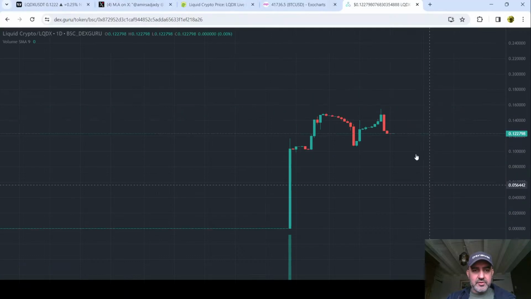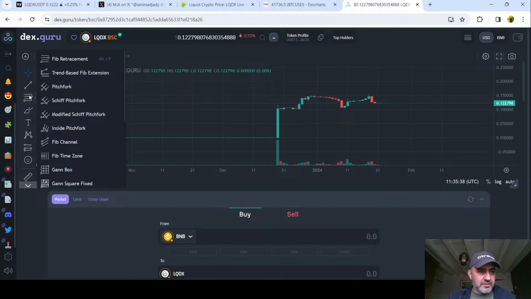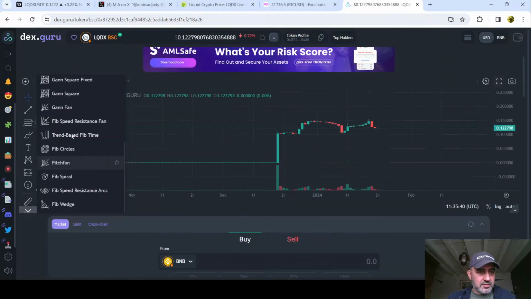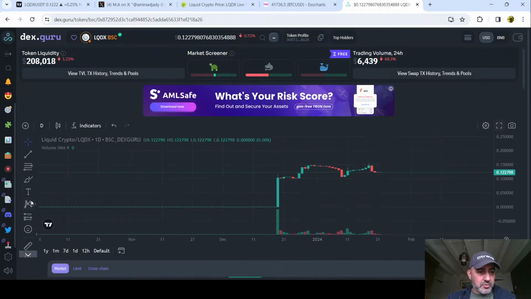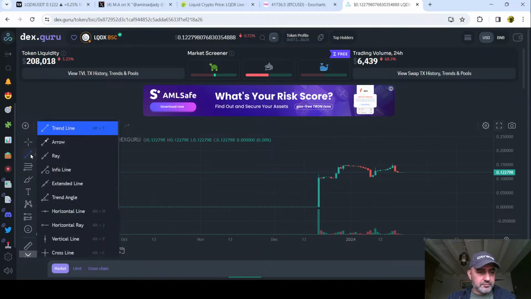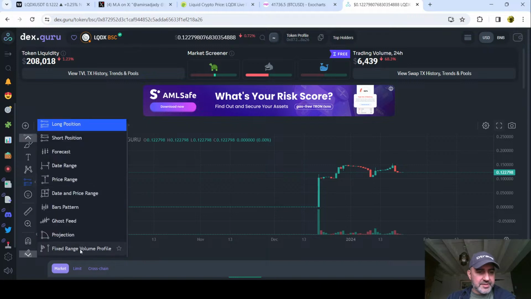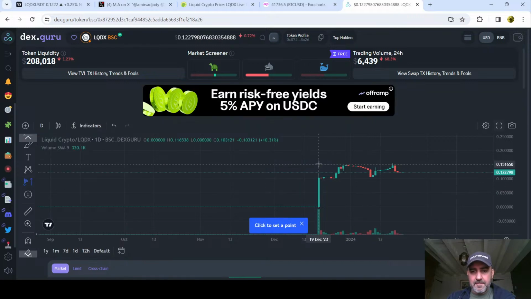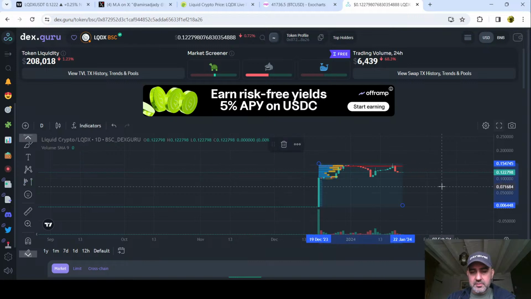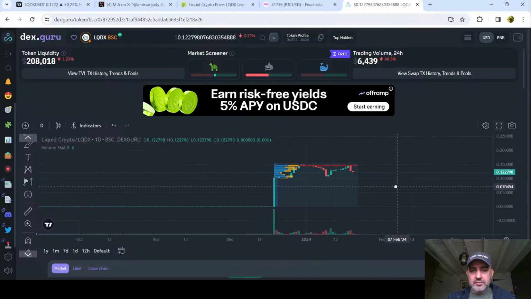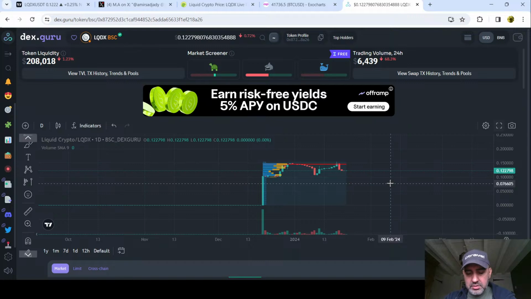The problem with Dex Guru is that it doesn't give you the volume data, which is what I want. Oh, it does. That's new. Amazing.